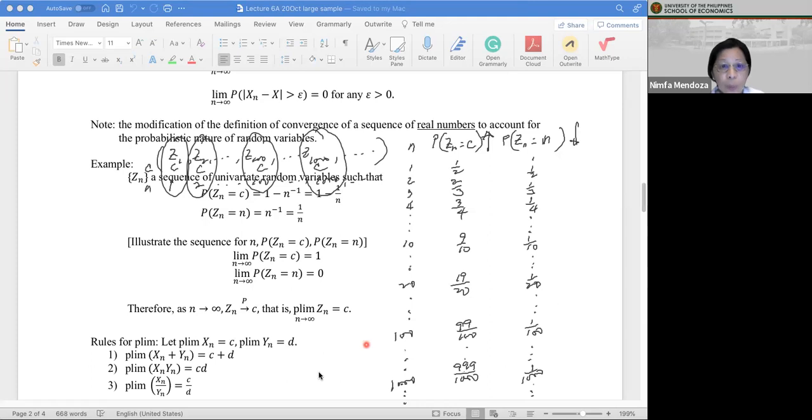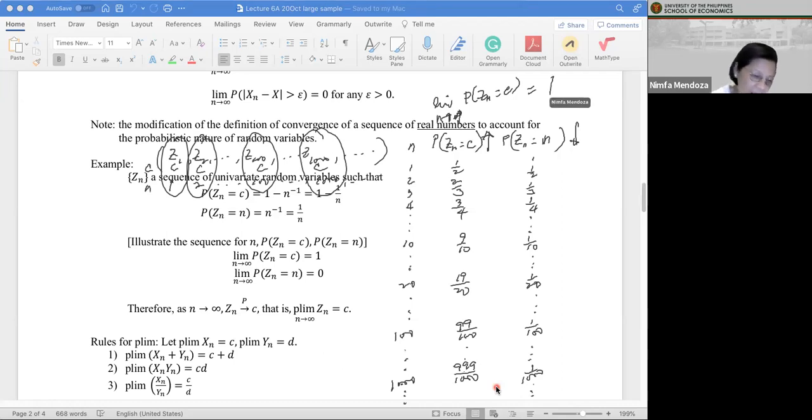Okay, so what is the probability that C sub N is equal to C as N approaches infinity? So what is the limit of this probability? You can see that the probability approaches 1.